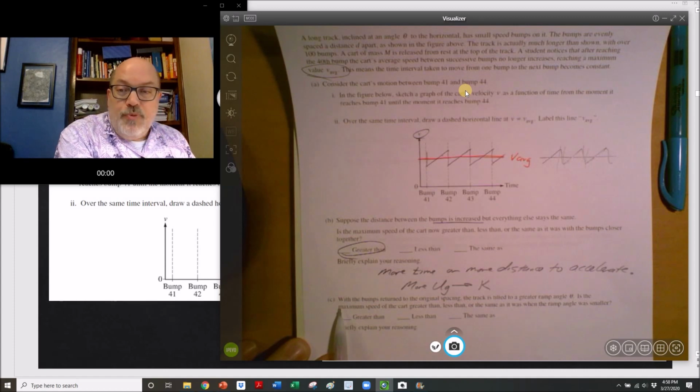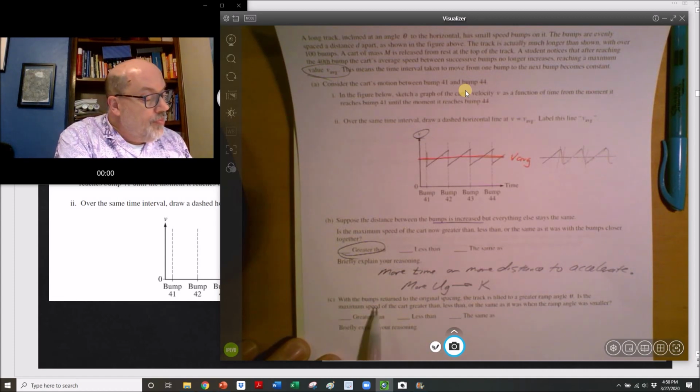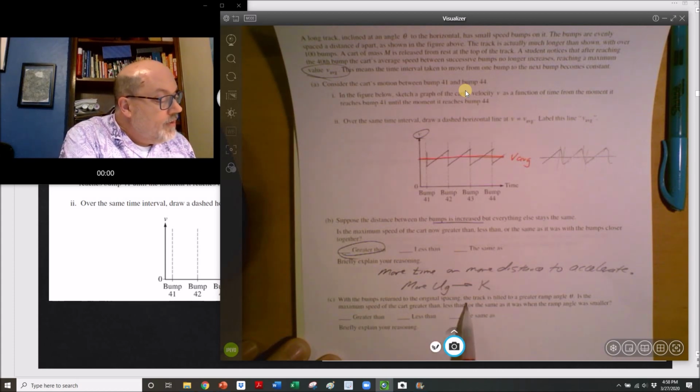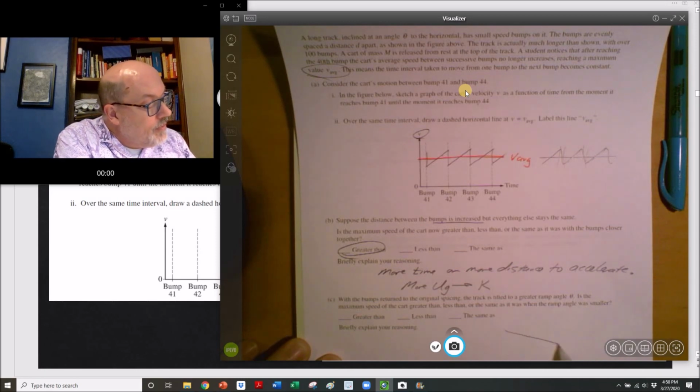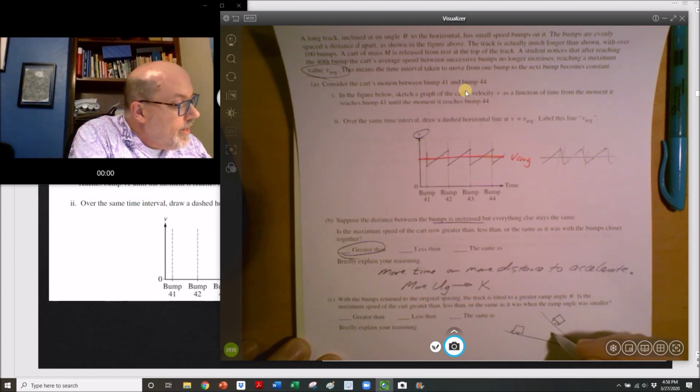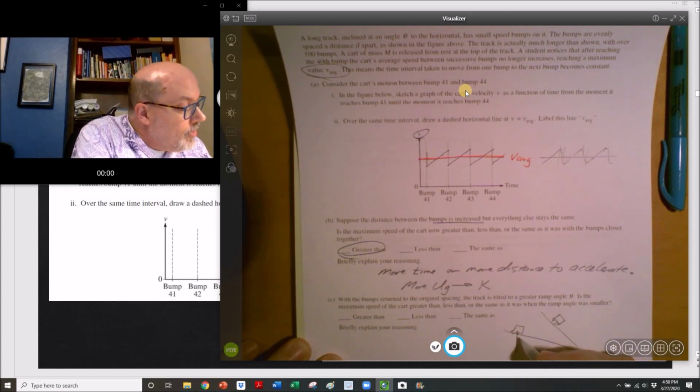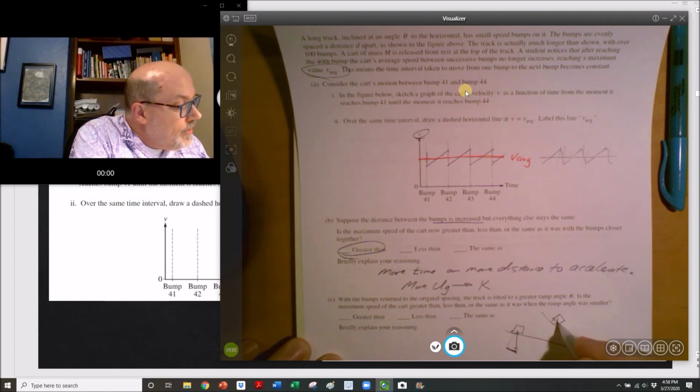All right, so the next part of our question is, with the bumps returned to the original spacing, the track is tilted to a greater angle theta. Is the maximum speed greater than, less than, or the same? All right, so think about it. If we have something on a track like this, or we have something on a track like this, we're going to have much more of our gravitational force down the incline.